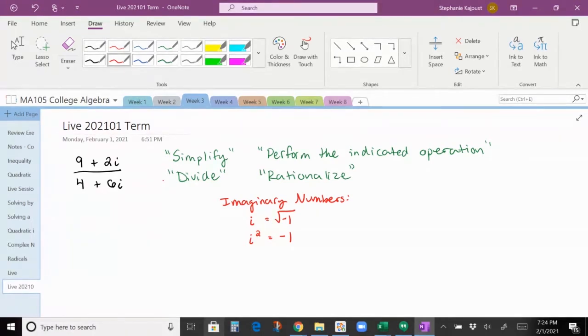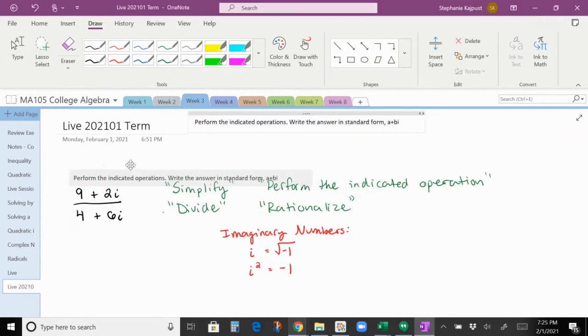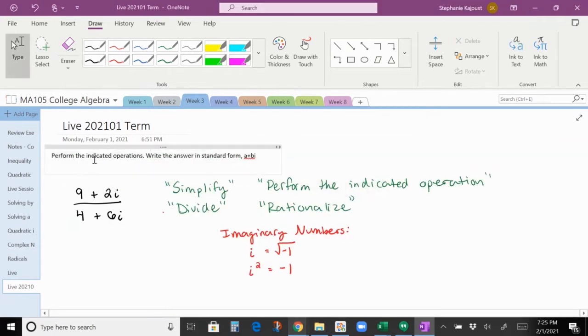But if I was actually writing this in notes, I would write these exact words at the top, writing the actual directions here, and then I would write the problem. So if I was taking notes, I would write down the directions, which I just copied here, and then I would have the problem, which is the 9 plus 2i here.